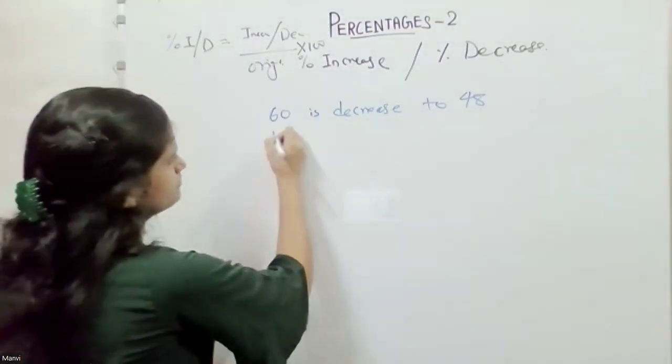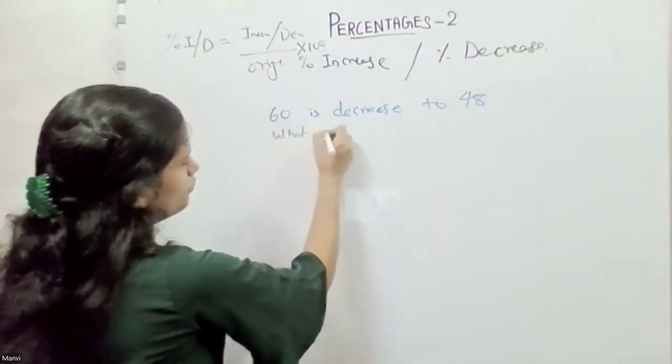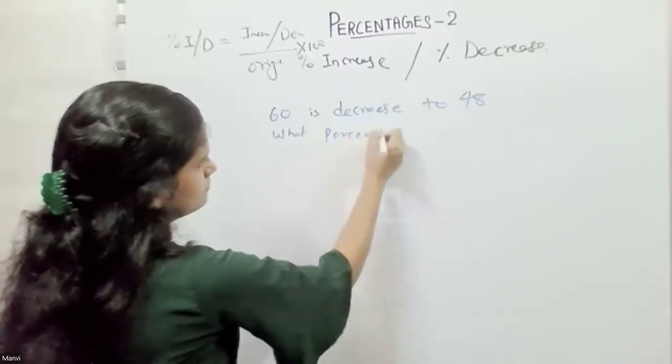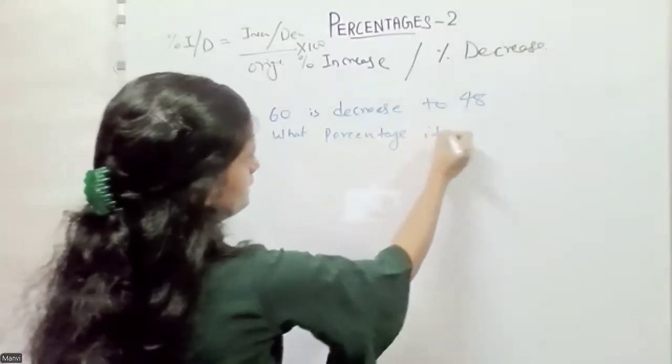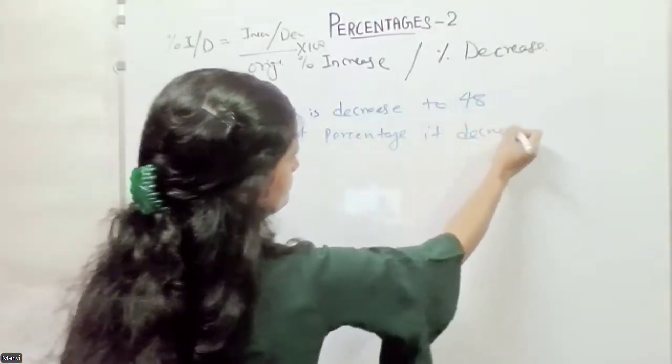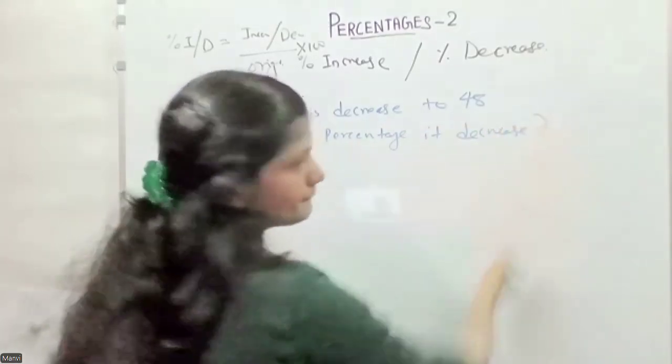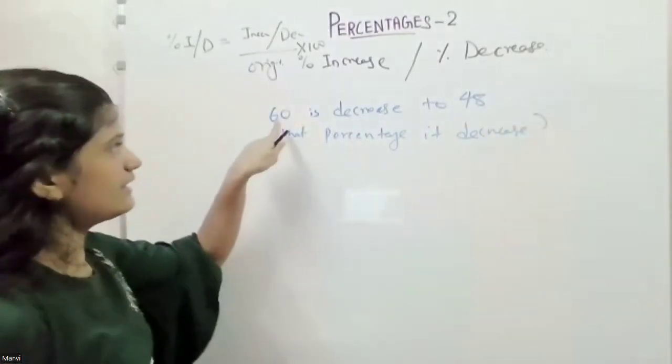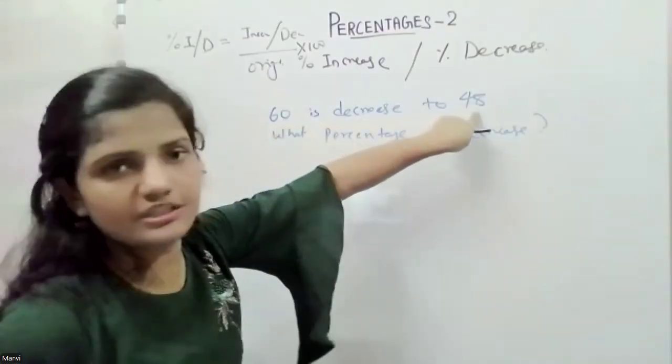How do you do this? Do you have to add? It's a decrease. Earlier it was 60, now it became 48.